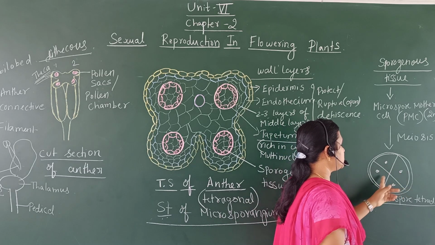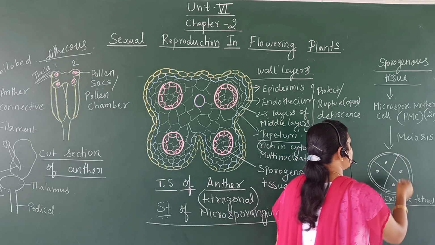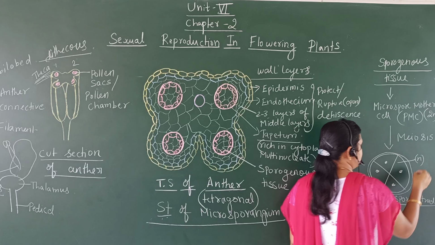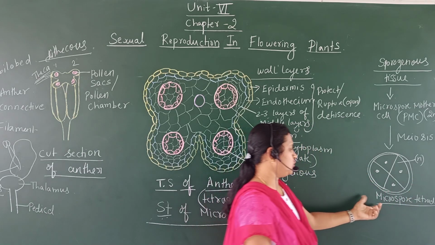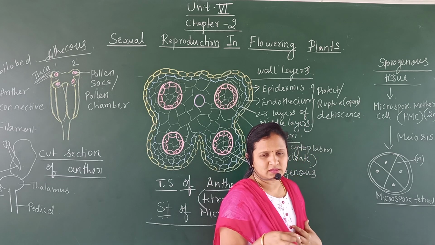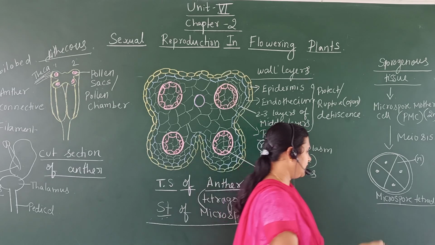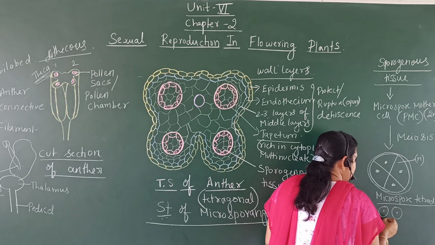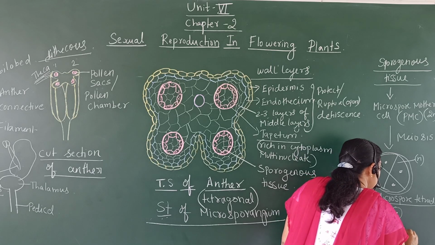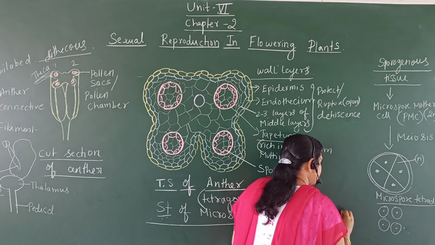These cells, which are the product of meiosis, will be haploid because of the reduction of the chromosomes. The microspore tetrad later separates on dehydration, and the spores become individual spores, which are called microspores.